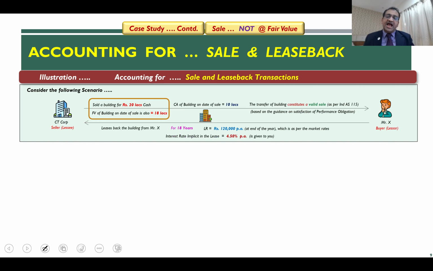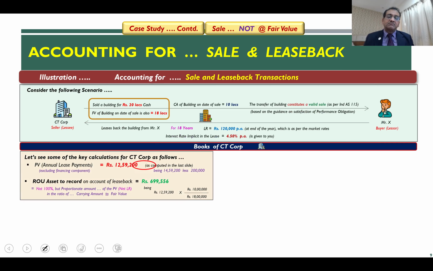Continuing on the next slide, I brought forward the calculations on the chart which we put on the last slide. Now, when it comes to City Corp, in the books of City Corp, how will City Corp record? Compared to the previous case study, the calculations will change, because there is an element of 2 lakhs of funding as well.